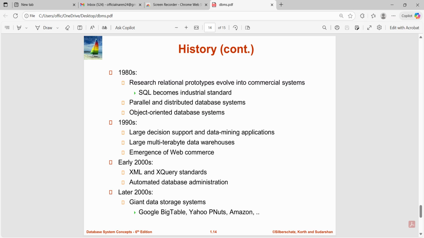In the later 2000s, a number of companies such as Google, Yahoo, and Amazon were commercialized, and they took over the DBMS part.